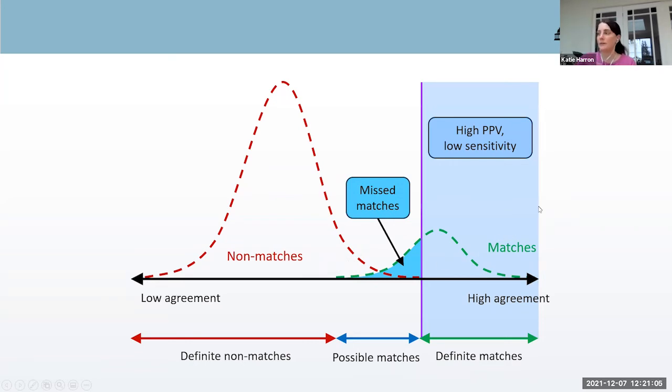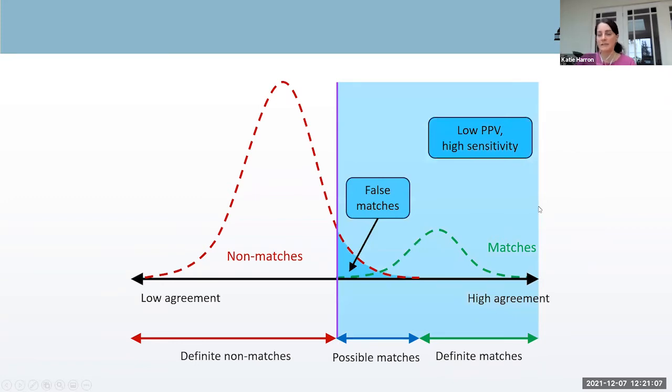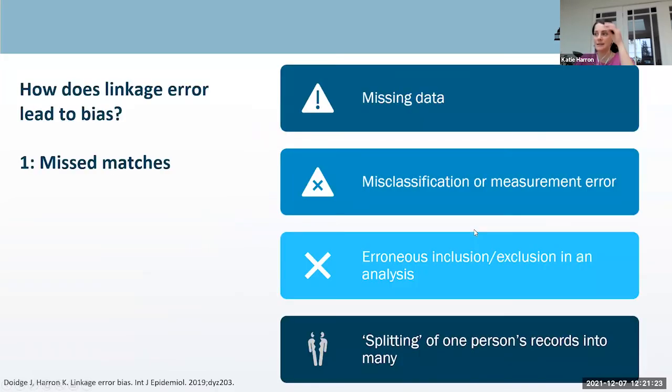And as we lower that threshold, we increase the sensitivity, we capture more of the true matches, but we trade this off against including some false matches. So it's quite important to think about how these different types of errors might influence our analysis or might lead to bias. And this can happen in different ways.